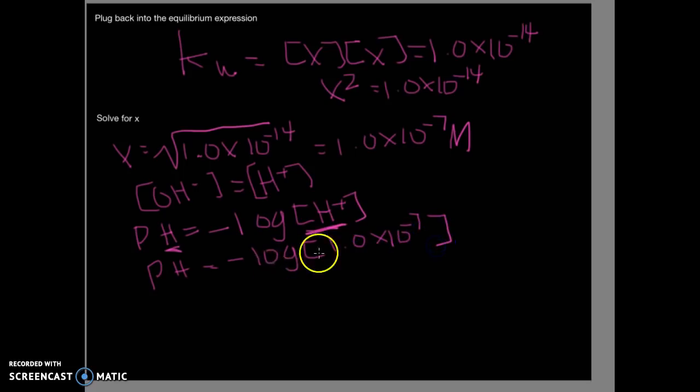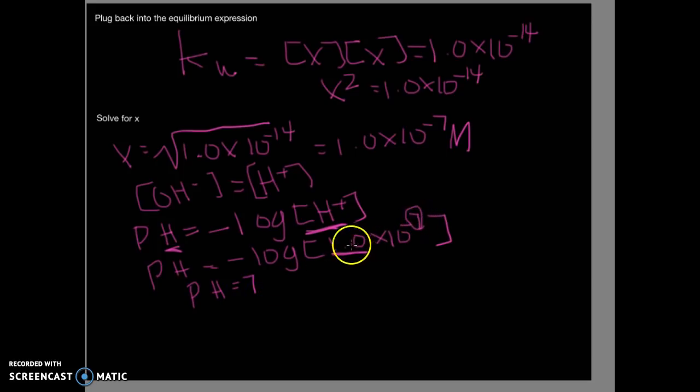Now I will tell you something interesting about logs. Anytime this first number is a 1, exactly 1, nothing else, not 1.2, not 1.1, exactly 1, whatever your exponent is, that is your pH in positive form. So opposite the log of 1 times 10 to the negative 7 is 7, which is how you know water to be, right? pH is 7.